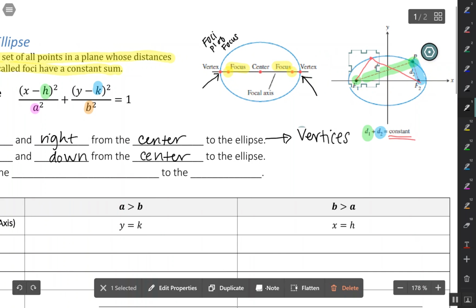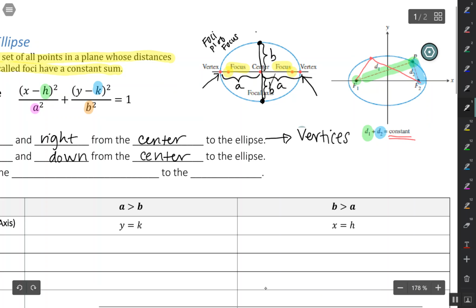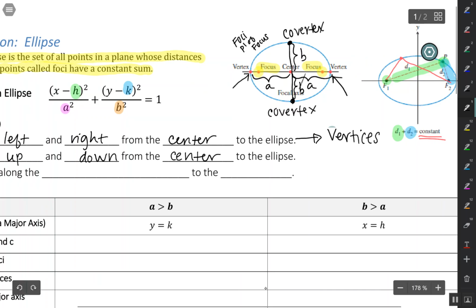So this is like a, and then b, this would be b, and this would be b. And so you get these other two points. Sometimes they don't even have a name. Sometimes they're called a covertex, or covertices. So you could say that it goes to the covertices.